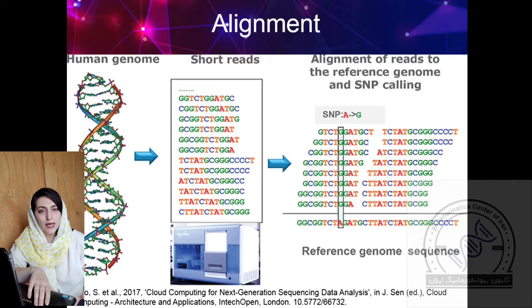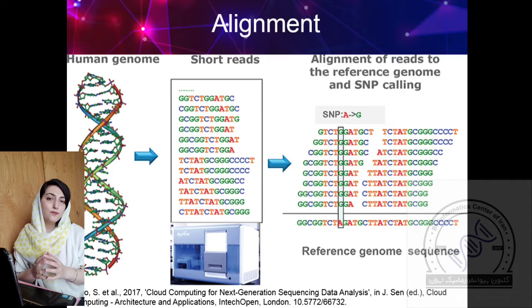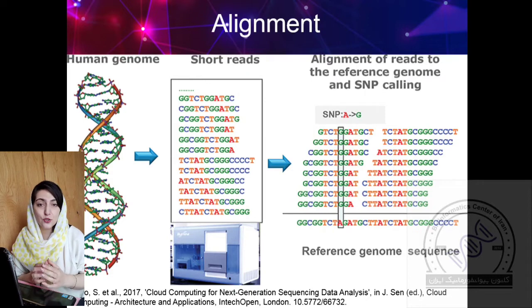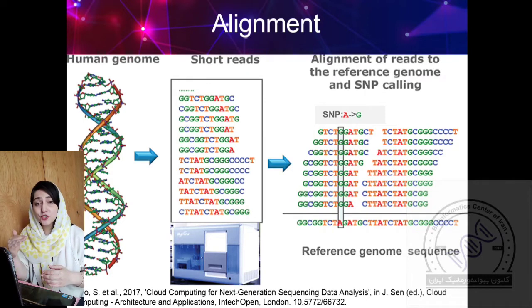But what's the exact method? Let's say we have an enormous genome and we have millions or billions of short reads, and we want to know which read belongs to which part of the genome.